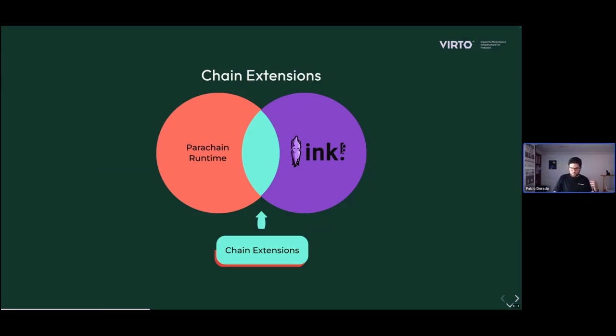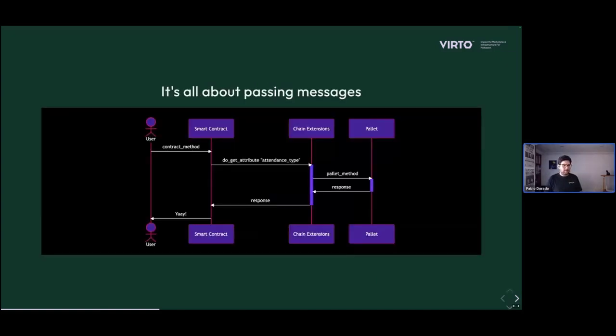And what is this under the hood? Basically, it's all about passing messages. So you are a user and you call a contract, but how does the contract get access to pallets? There are two ways of accessing the pallets.